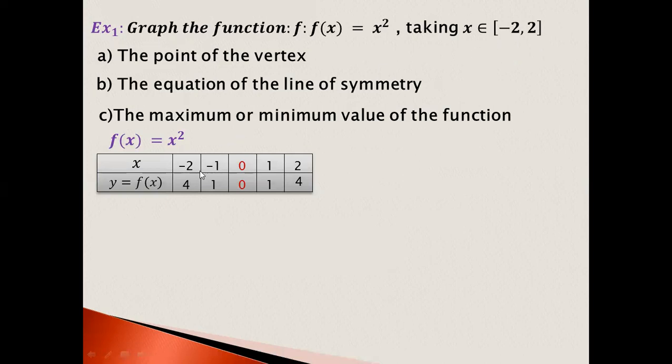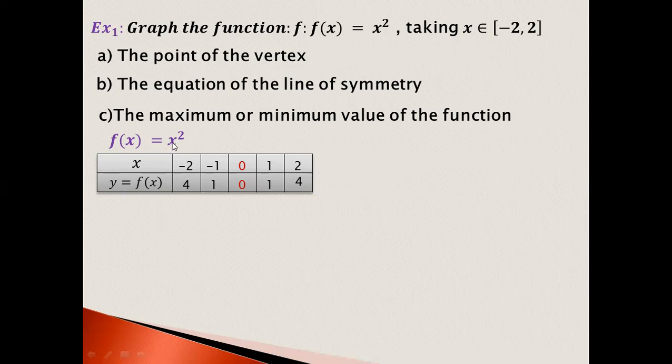The first element is -2 and the last element in the interval is 2. And then we need to substitute these values in the function rule to find their images here. The first element in the interval, -2, we can find its image by using the function rule.